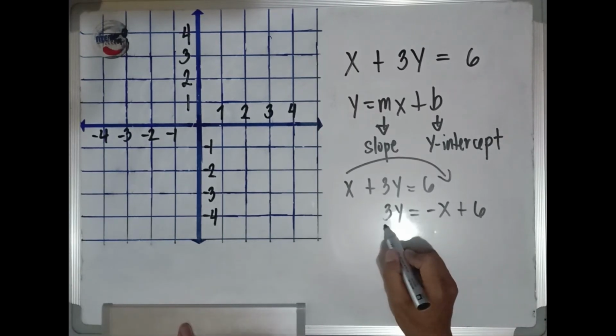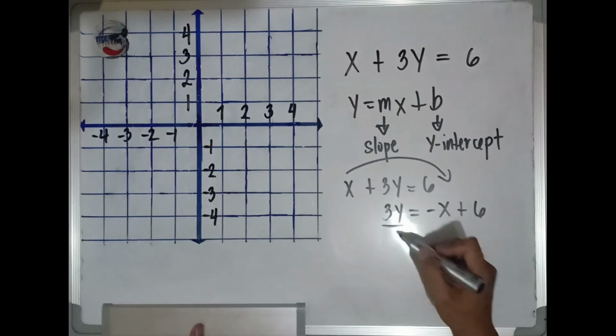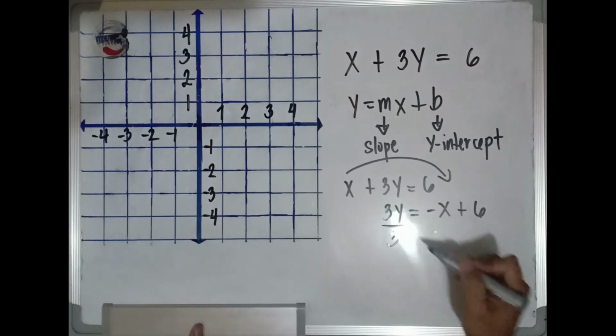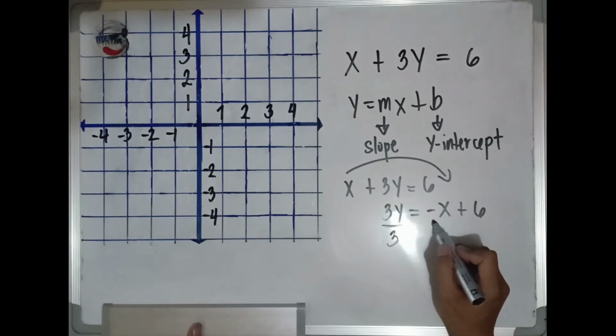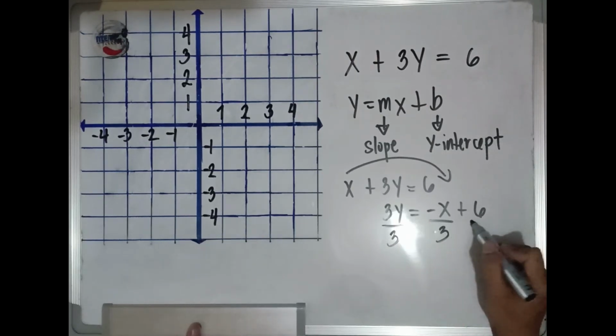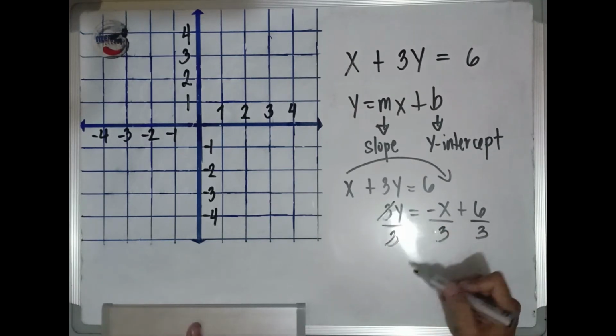Then we have to make the numerical coefficient of y equal to 1. So we have to divide this by 3. Once we divide this side by a number, we have to use that number as a divisor also on this side. So we're going to cancel 3.